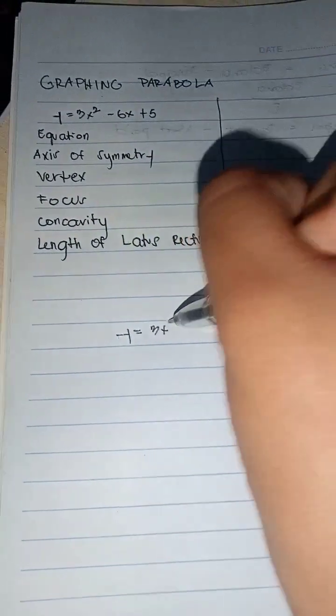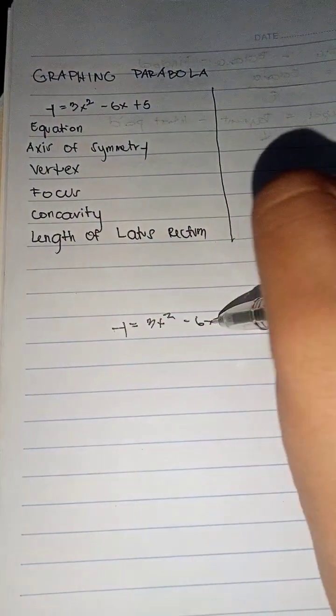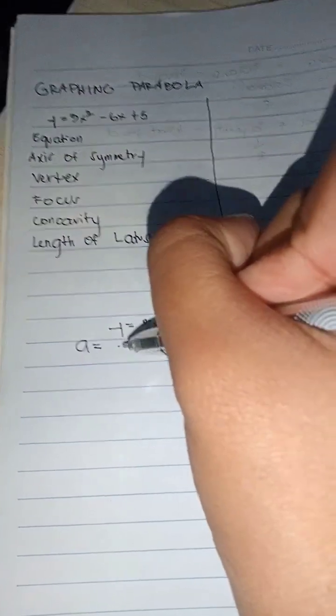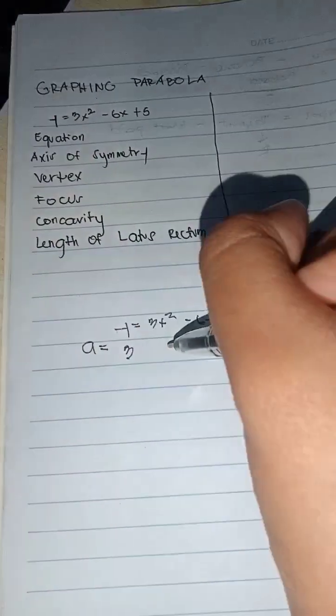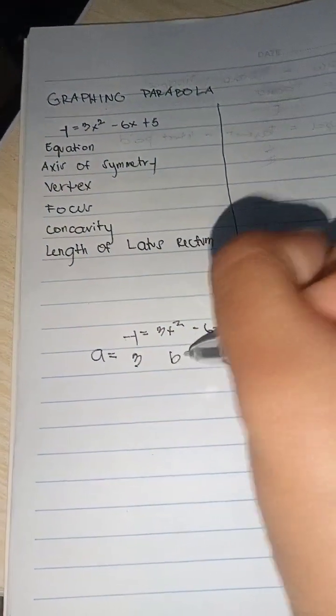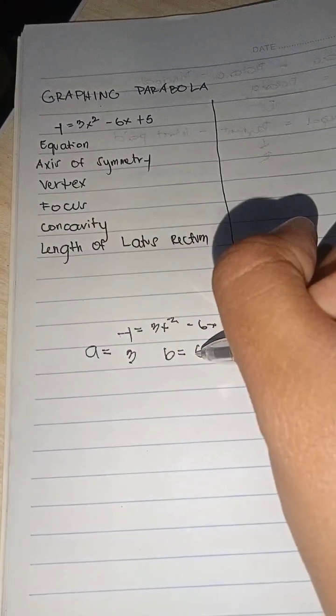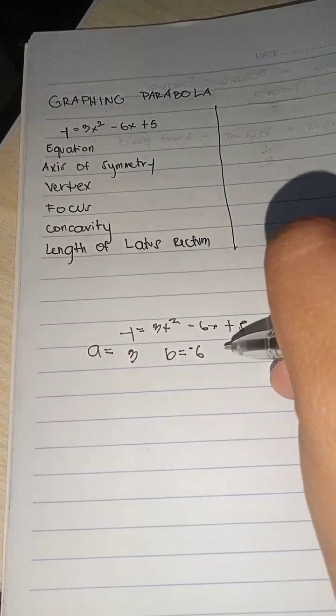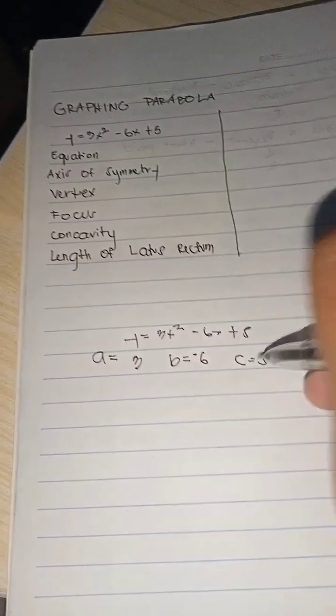Now we have here the equation y is equal to 3x squared minus 6x plus 5, where a is equal to 3, b is equal to negative 6, and c is equal to 5.